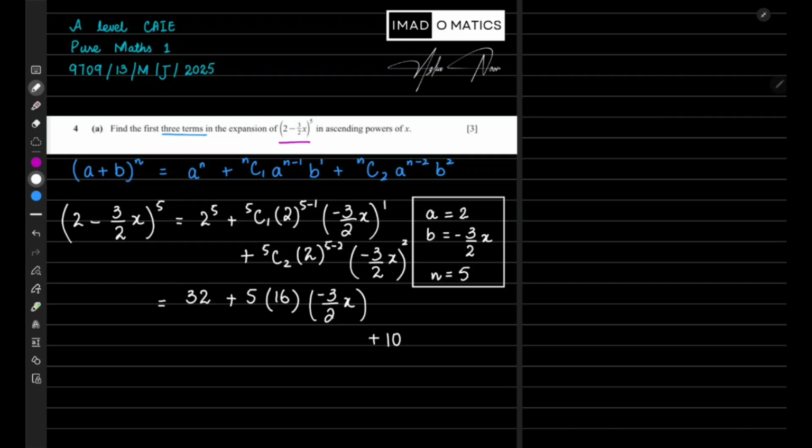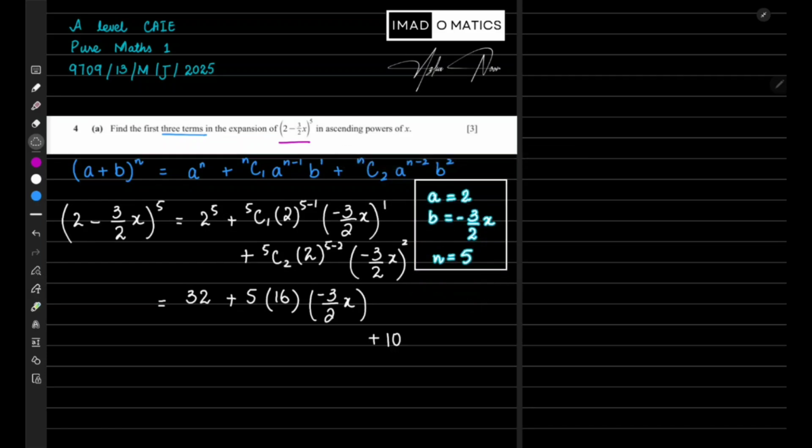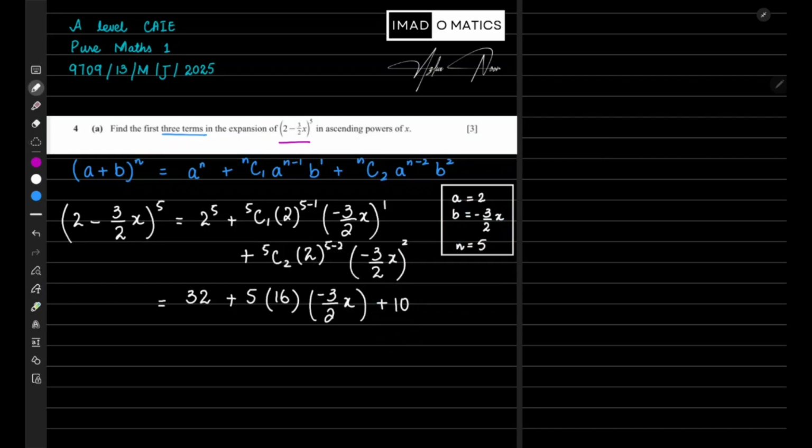So 10, 2 to the power 3 is 8, and then (minus 3 over 2x) whole squared will give you 9 over 4 x squared, positive x squared. Okay, and further simplifying will give you 32 minus 120x plus 180x squared. So this is all of your expansion of this bracket.